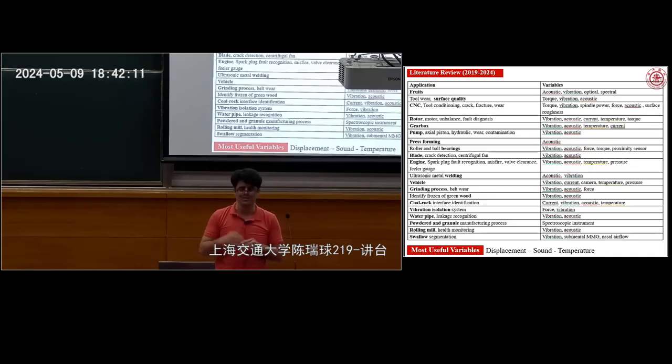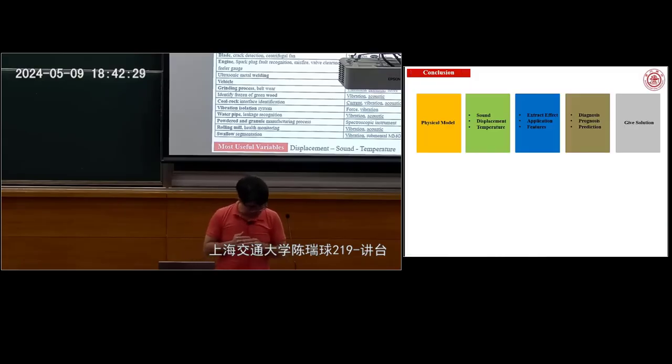The next one is sound. Sound is very good feedback if you want to get data and then do data mining approaches. And the third variable is temperature, which is very suitable to examine your system.